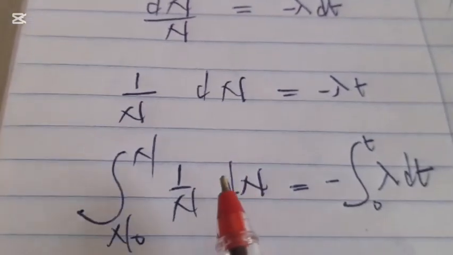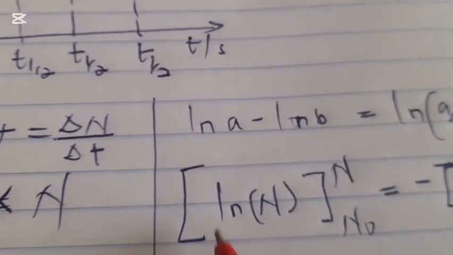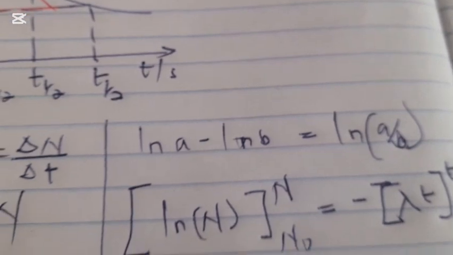So you rearrange that, and this is under integration. When you integrate, you have learned that ln a minus ln b is equal to ln of a over b.